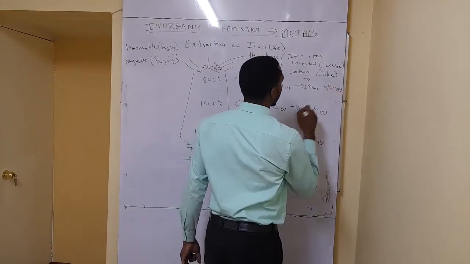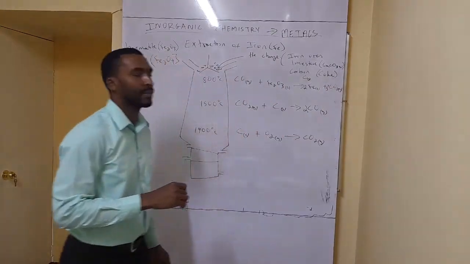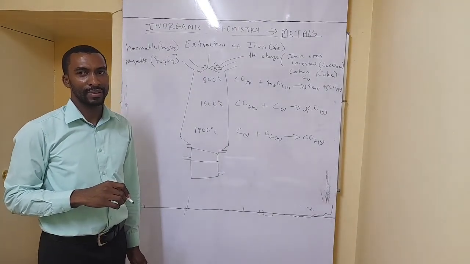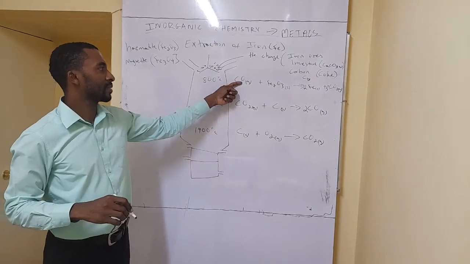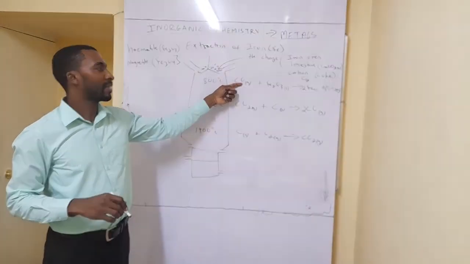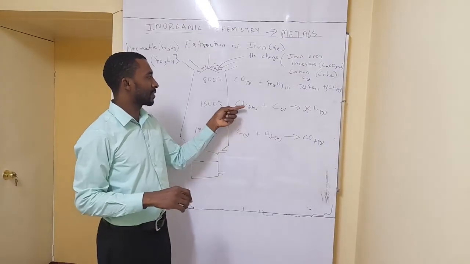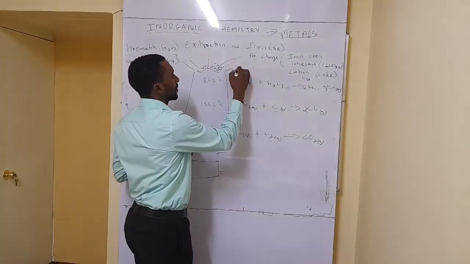What is the formula for carbon monoxide? CO. The same as carbon dioxide, CO2. Monoxide is CO, so this is carbon monoxide.